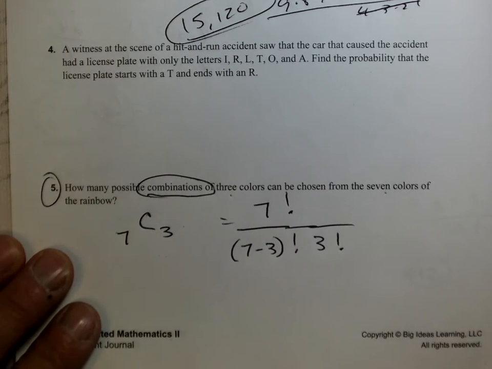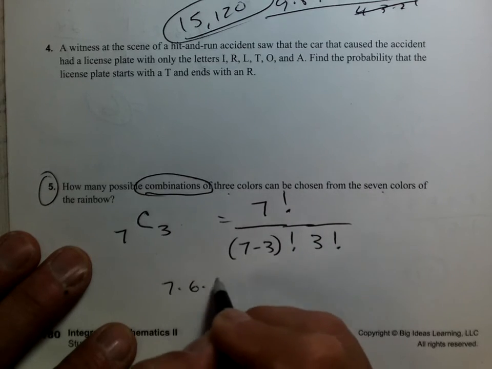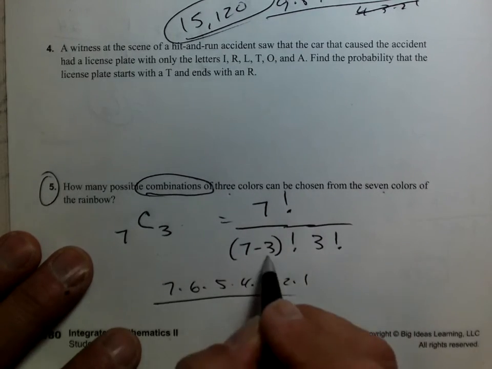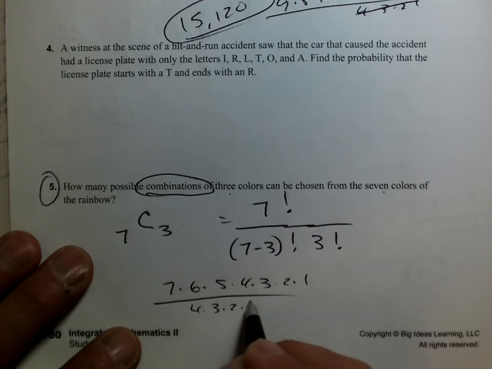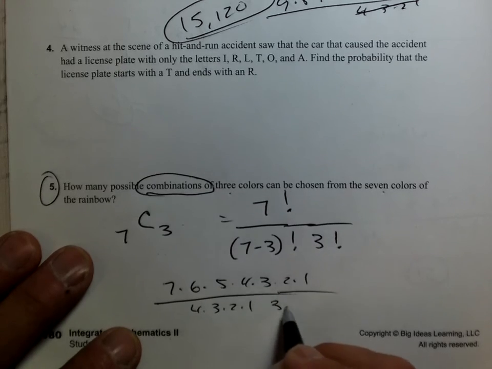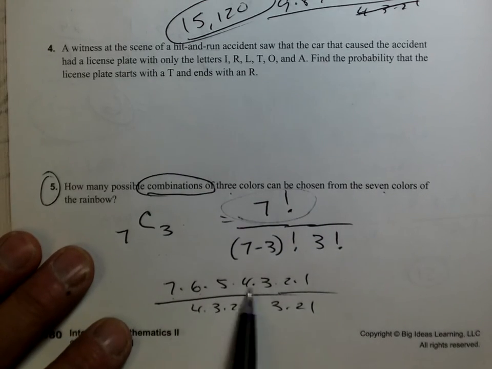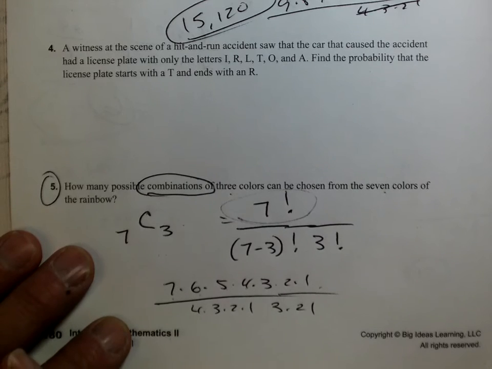That's the same thing as 7 times 6 times 5 times 4 times 3 times 2 times 1 over 4 factorial, which is 4 times 3 times 2 times 1, times 3 factorial, which is 3 times 2 times 1. Don't the 4, 3, 2, 1 cancel? Yep, you're ahead of me.